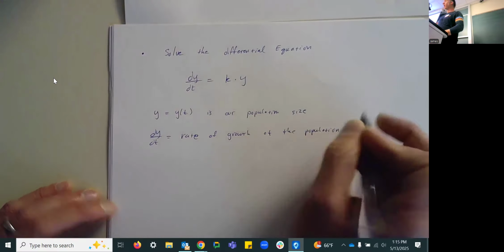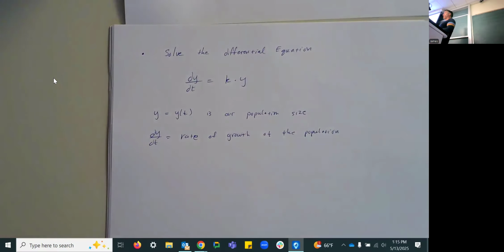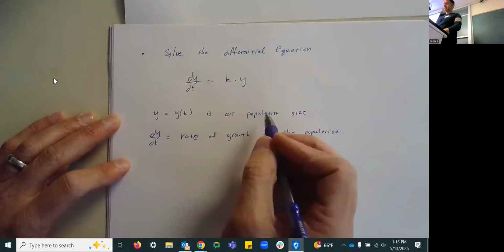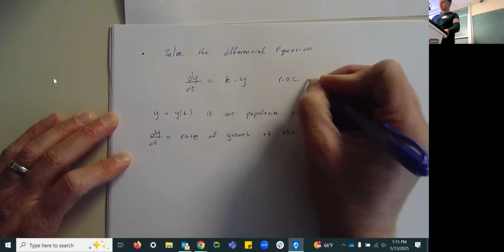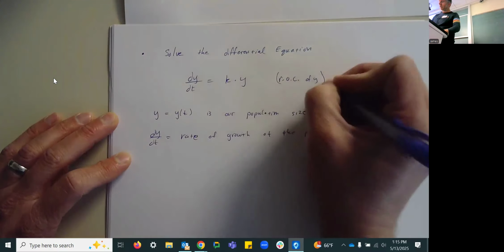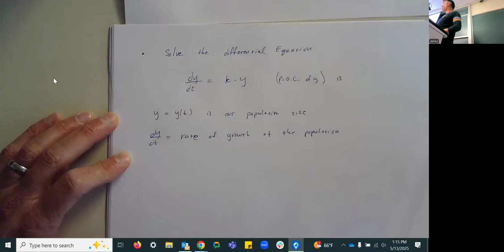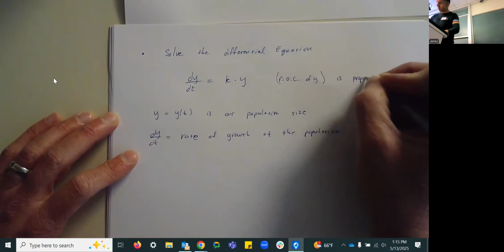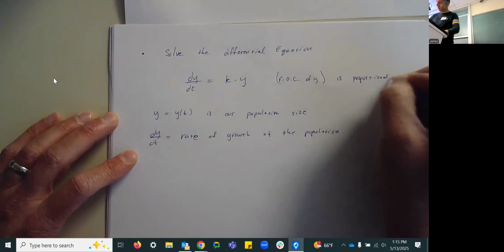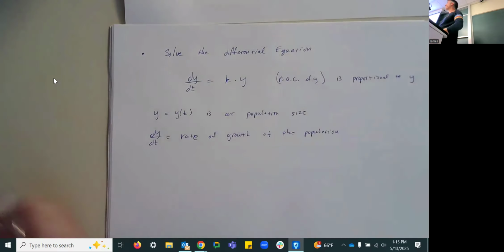For radioactive substances, dy/dt is usually the rate of decay. And it's usually a negative number because you have less radioactive material as time goes on. But it's just the rate of change of your stuff. And so what this equation says is that the rate of change of y is a multiple of, or is proportional to, y itself.